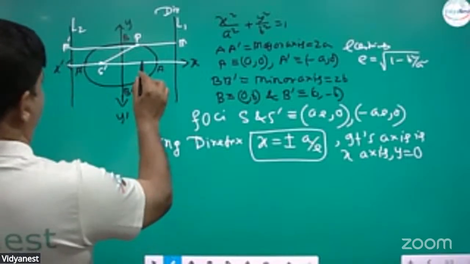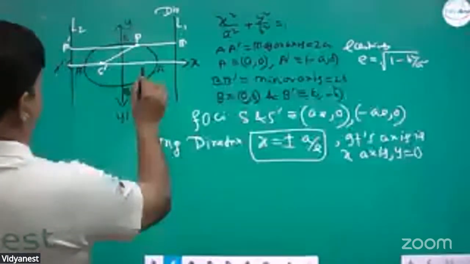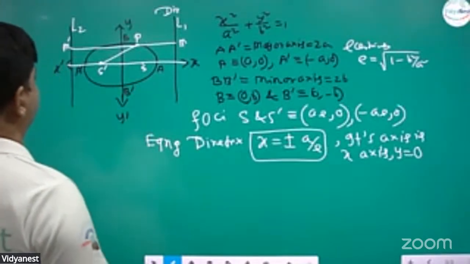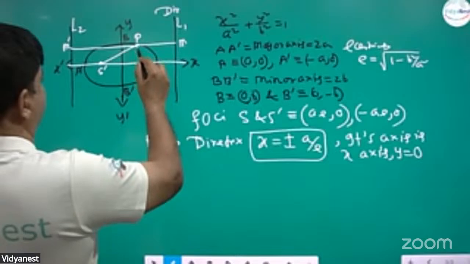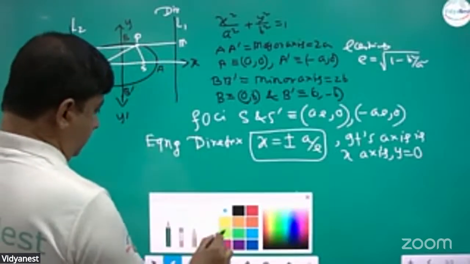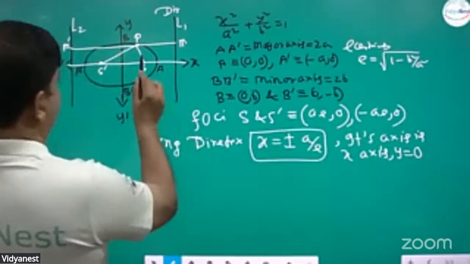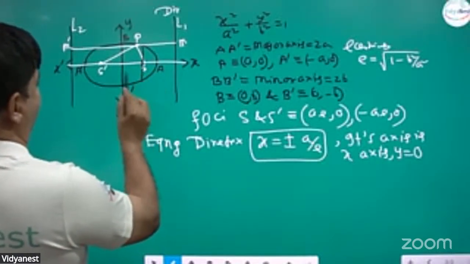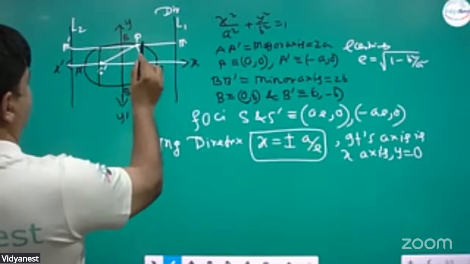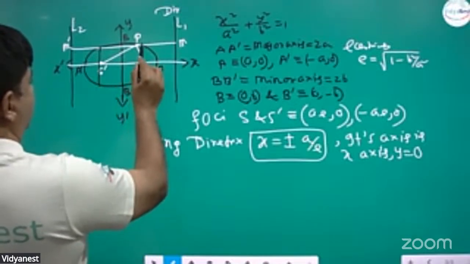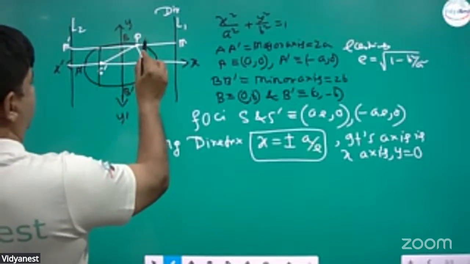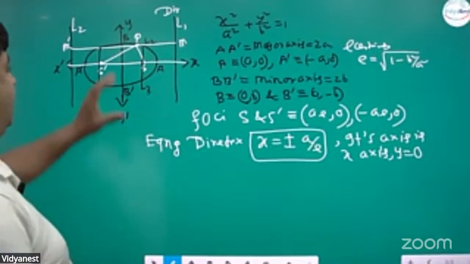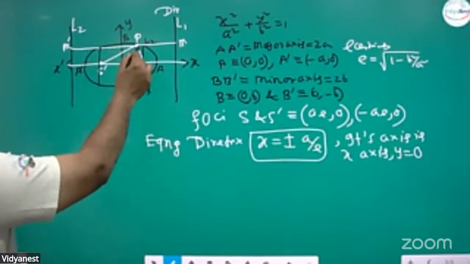See, there is a. Now, we draw one line perpendicular on S and S dash. And you know, these lines are called the latus rectum.